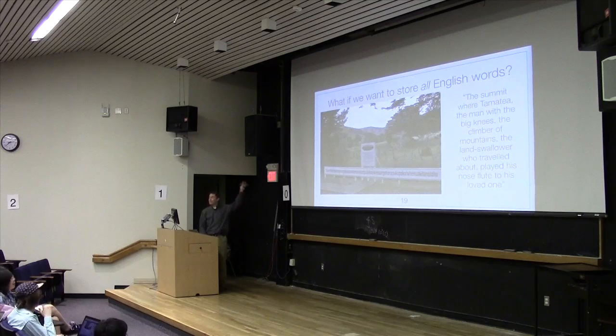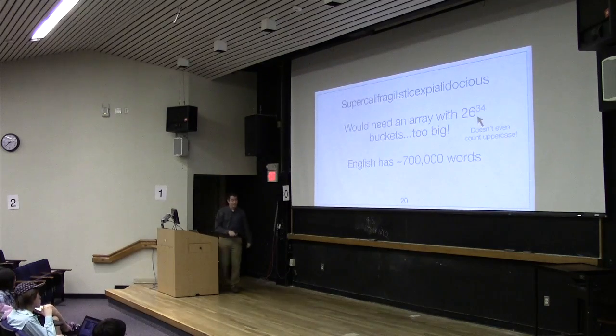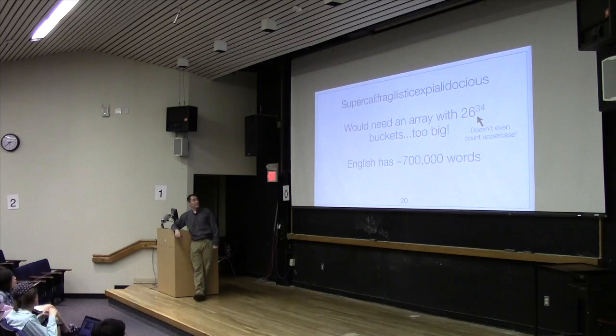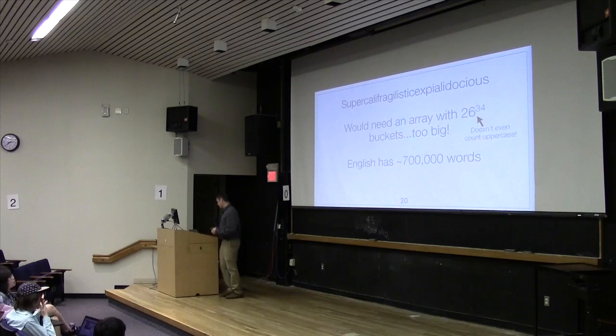But anyway, if we wanted to put this in our hash table, we're in a little bit of trouble. If we want to put supercalifragilisticexpialidocious into our hash table, we're going to need a bucket, an array that has 26 to the 34 values in it, right? Do you know how big that number is?